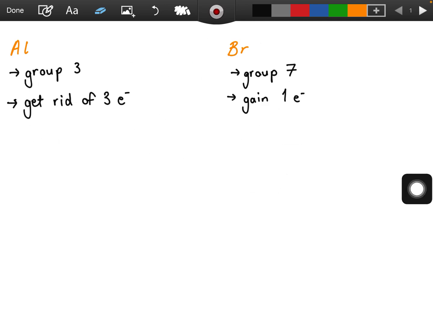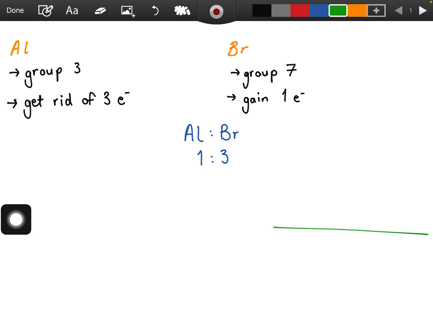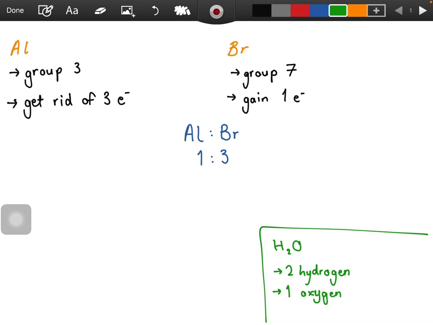So when these bond together, they are going to bond in the ratio. For every Al, how many bromines do we need? We need 3. So they're going to bond in the ratio 1-to-3. Now remember how we write our chemical formulae. Something we know, like H2O, means 2 hydrogen atoms and 1 oxygen atom, because the oxygen doesn't have a number afterwards.